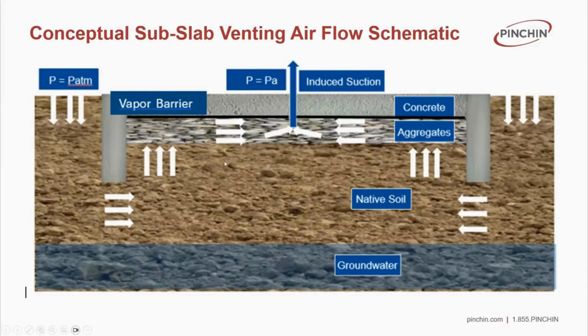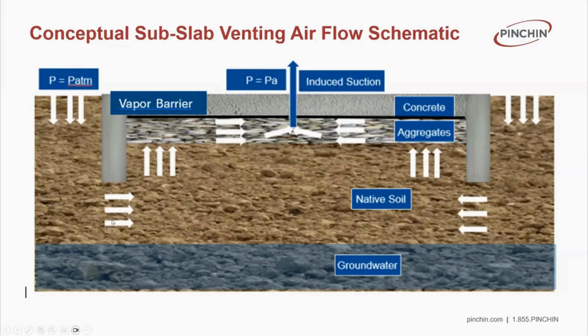So, this is the schematic showing basically the airflow through the subslab. One of the things to understand is that all air comes from the atmosphere, and the arrow in the middle that you see pointing up is basically the location of the vent riser, and there is this aggregate layer acting as the permeable layer for that venting.